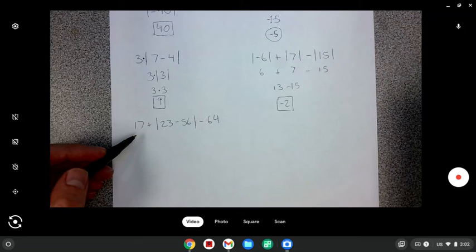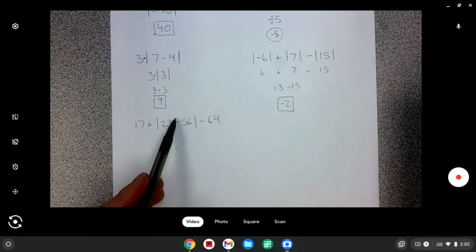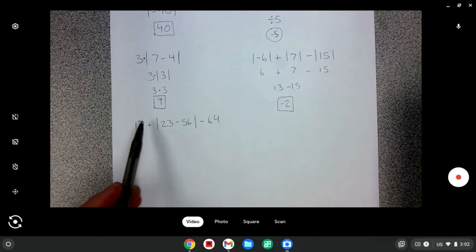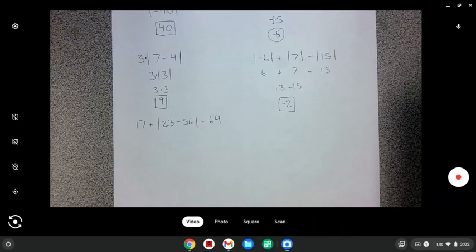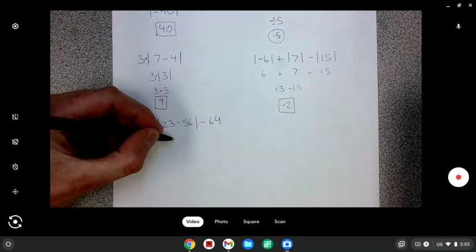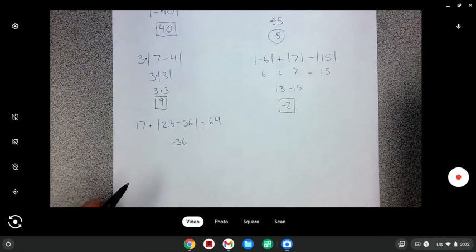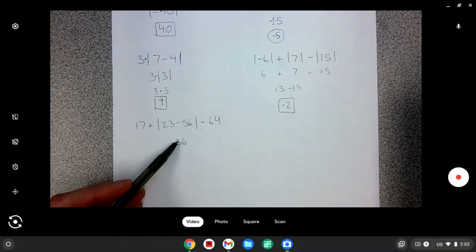This last one, we do have more than one thing inside the absolute value bars. The 17 and the 64 do not have absolute value bars, so they're fine the way they are. They're just 17 and 64. I do need to do this arithmetic, and maybe I should have picked numbers that I could do easily in my head, but let's see, 36, I think this is negative 36. 20 plus 30 is 50.